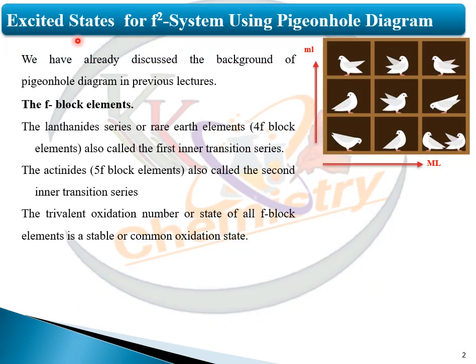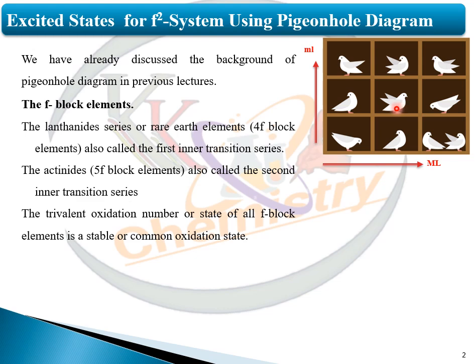Okay, here the topic of discussion will be mainly the excited state for the f2 system using the pigeonhole diagram. You are familiar with the word pigeonhole, like keeping pigeons in different boxes with different arrangements.